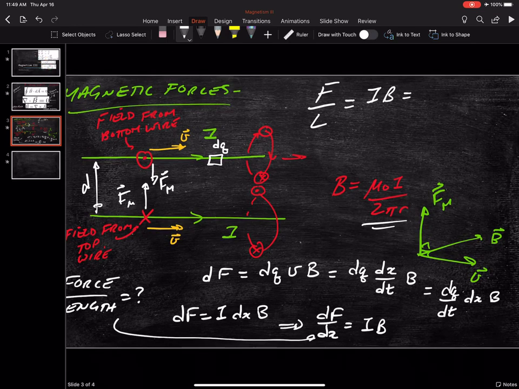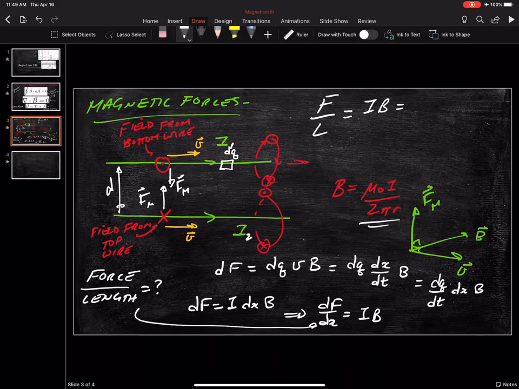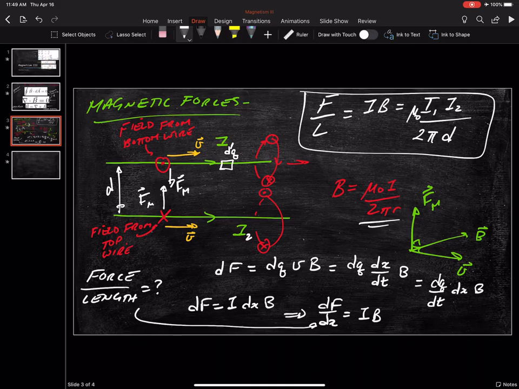Let's call these I1 and I2, just for generalization. This will be I1 I2 over 2 pi d, times mu naught. So that's the force per unit length. Not so bad. Nothing to it.